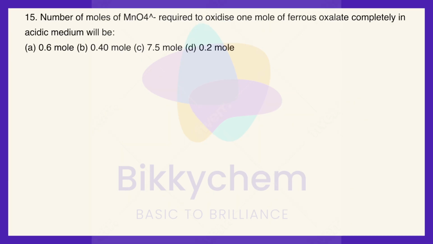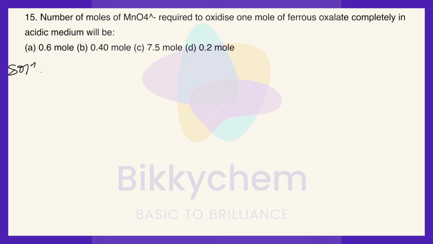Okay, dear students, let us see the next question. Number of moles of MnO4 minus required to oxidize 1 mole of ferrous oxalate completely in the acidic medium. You should know basically the reactions. That is very important. Then only you can calculate the numerical part.